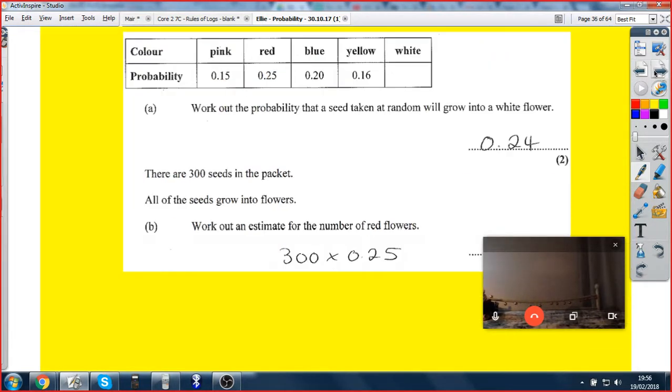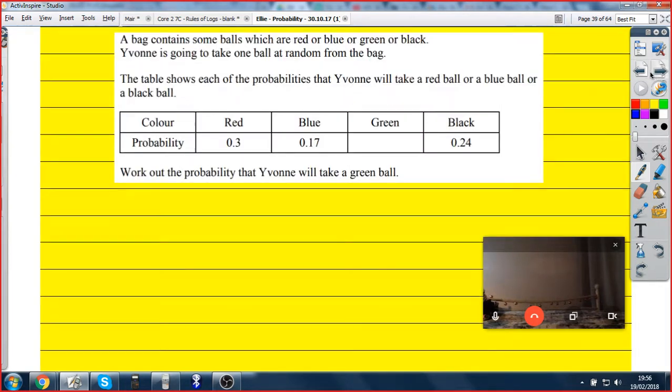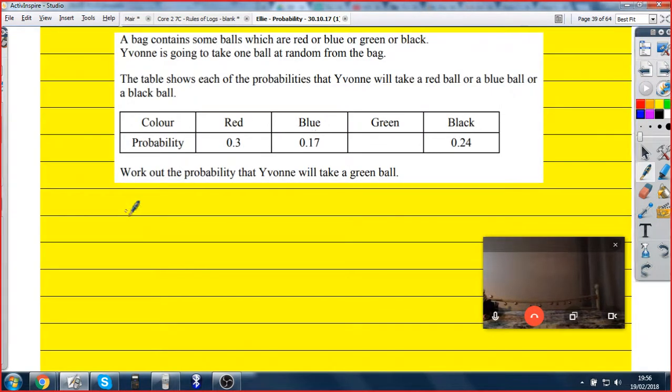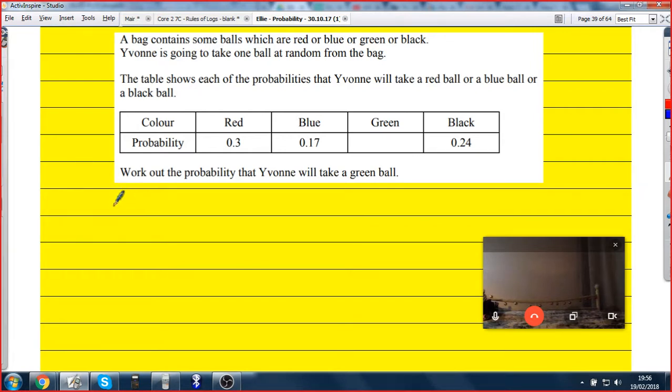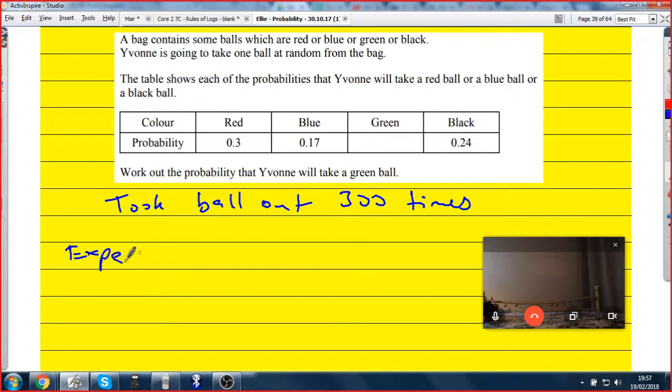I just want to see if there's one. For this one, if I took a ball out and put it back 300 times, how many times would you expect me to get a red? How would you do that? Times 0.3 by 300.